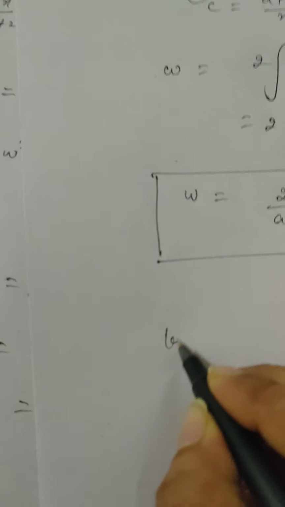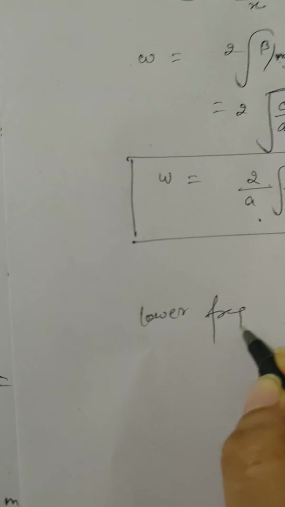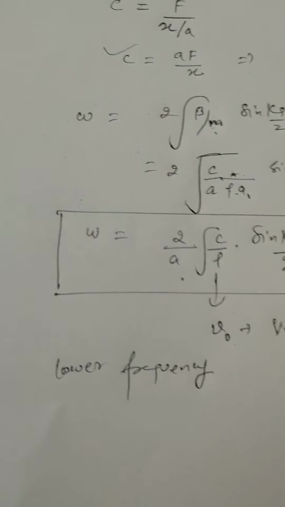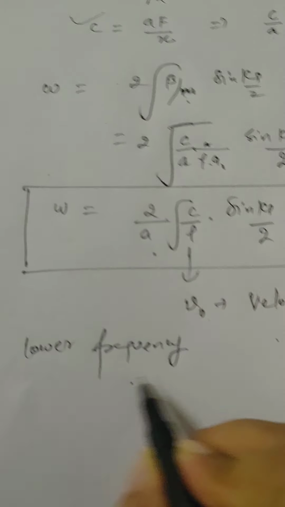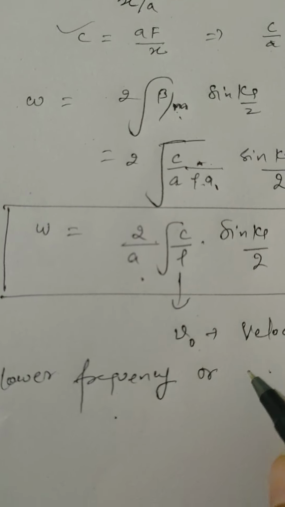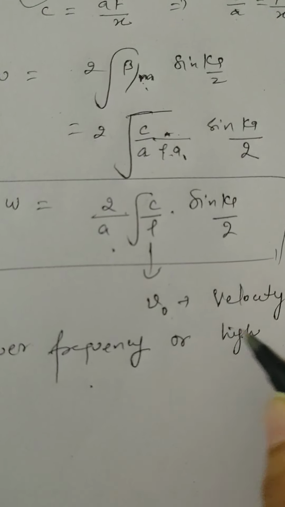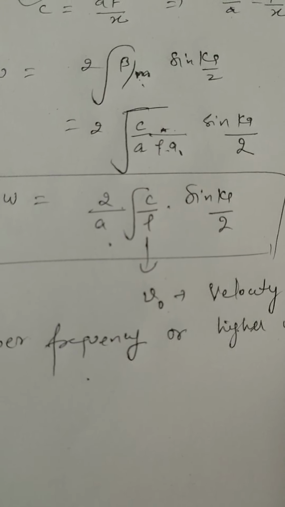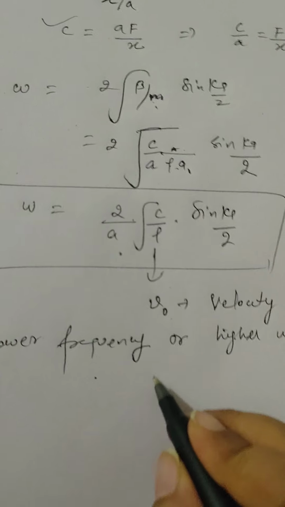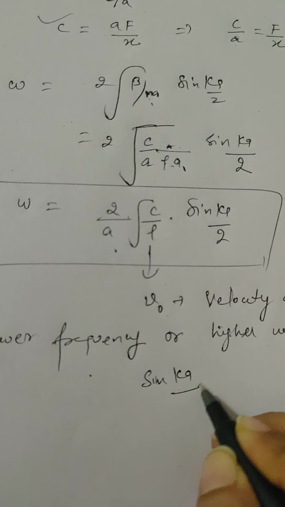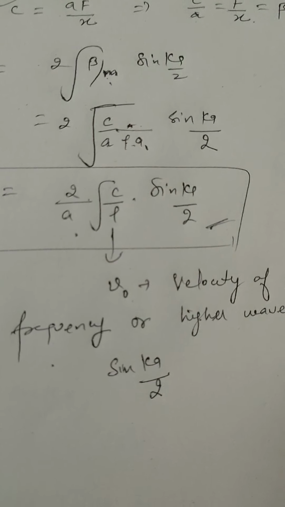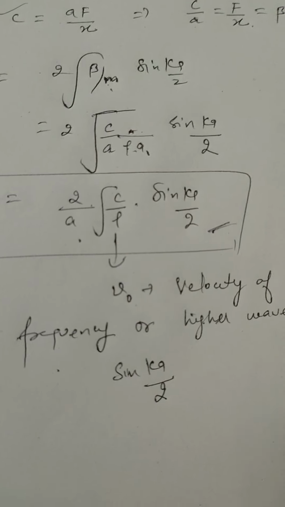So for the lower frequency case, if the frequency is low, then since the wavelength is inversely proportional to the frequency, the wavelength will be higher. If I am considering this factor sin ka by 2, also k is equal to 2 pi by lambda.